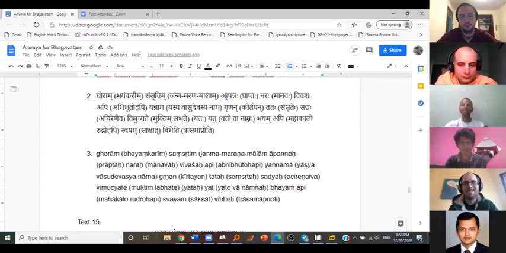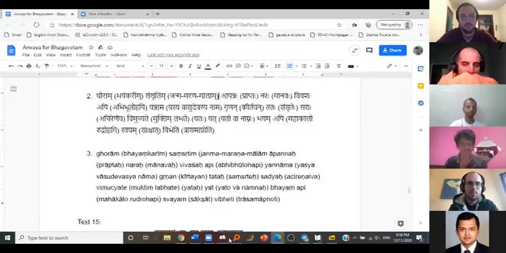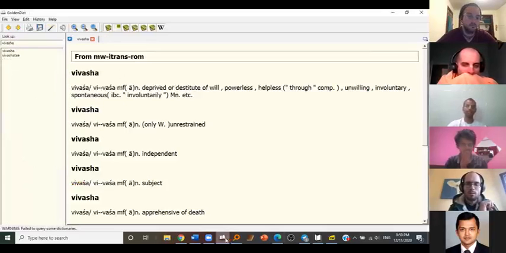Apanna means praptah, which we have obtained. Naraha, manavaha, vivashaha api. Vivasha means he's helpless.